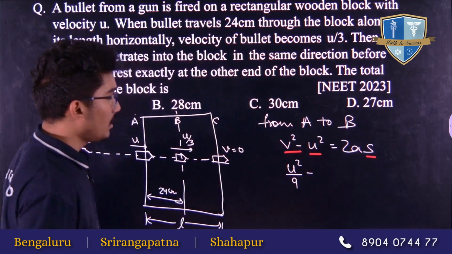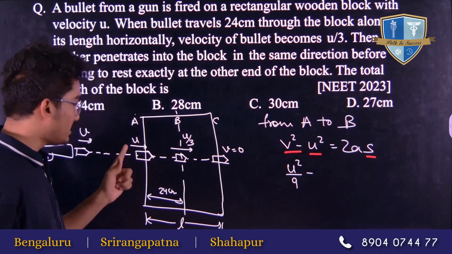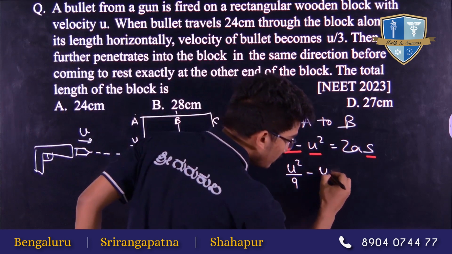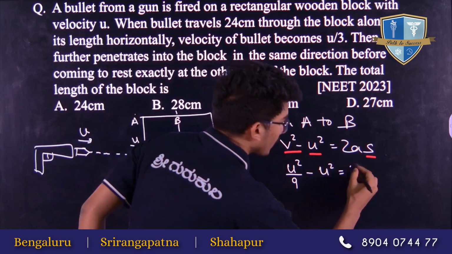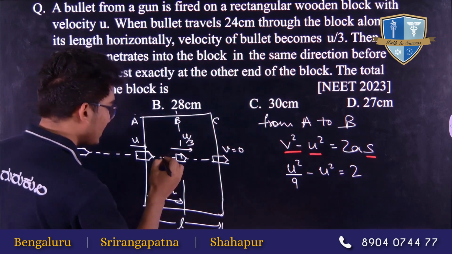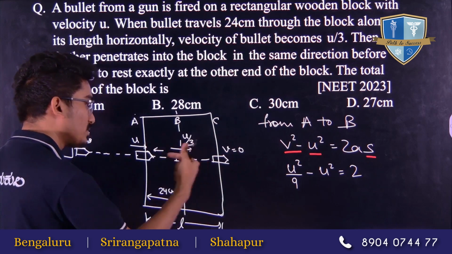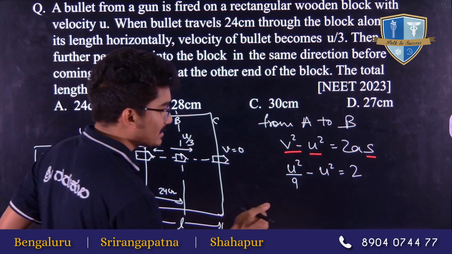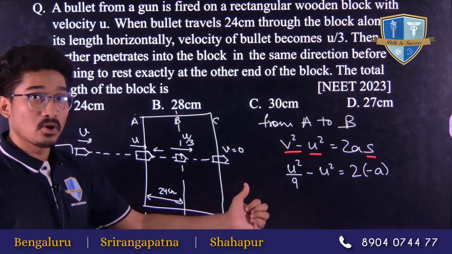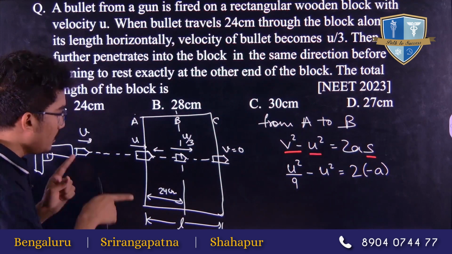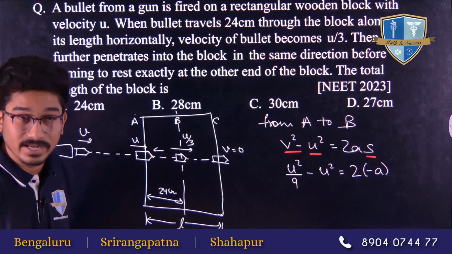Minus u square. Initial velocity is the velocity at A, which is u. So this will be u square is equals to 2 times acceleration. Let's suppose acceleration is in this direction, correct? Since velocity is reducing, acceleration is in the opposite direction, so it is deceleration. Let's suppose it is minus a. Why minus? Because it is in the opposite direction. Bullet is moving in this direction and acceleration in this direction, so they are in opposite direction, correct?